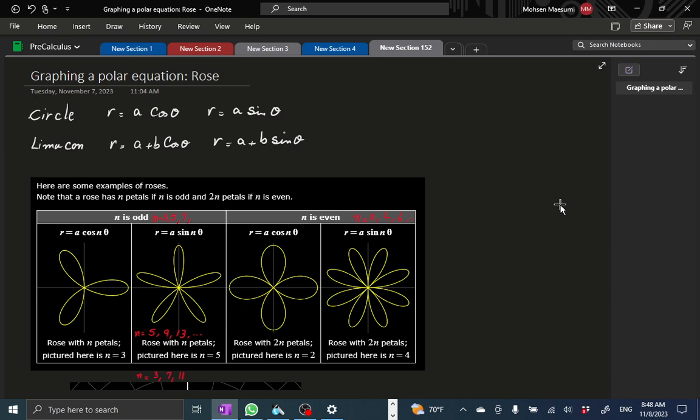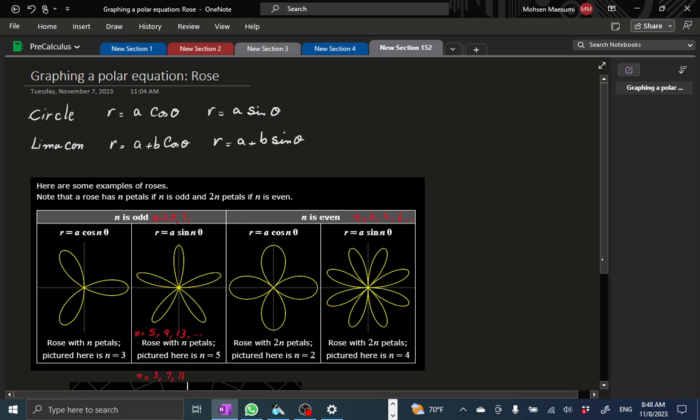We are going to divide the cases based on if n is even or odd. By odd we mean 3, 5, 7, etc., and by even we mean 2, 4, 6, etc. So the case of 1 is not considered here because that was a circle, and 0 is also not considered here.